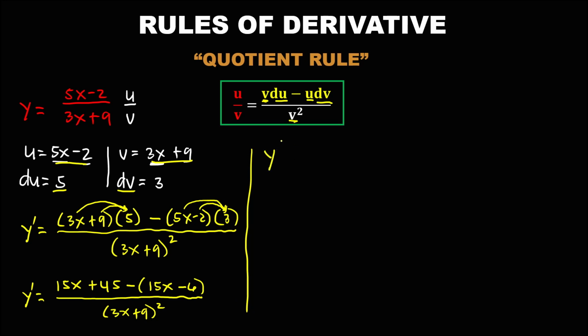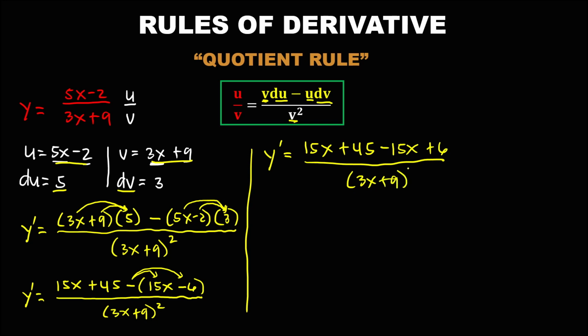Then to simplify, we need to distribute this negative. So we have 15x plus 45. Then distribute now this negative. So this becomes negative 15x, negative and negative, so this becomes positive 6, then all over 3x plus 9 quantity to the power 2.